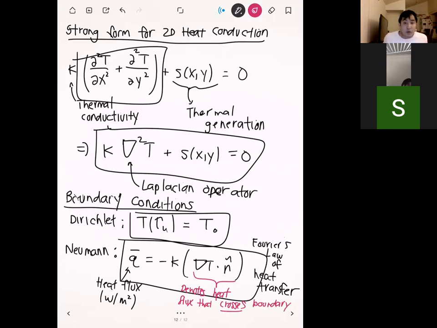The dot product with the normal vector establishes that. Because remember, when we take the gradient of T, we get a vector, and by taking the dot product of that with the normal vector, we get the component going out of our domain. Any questions on this?